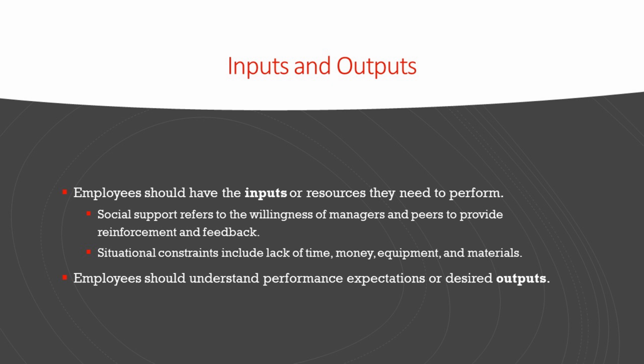These constraints include lacking the necessary tools and equipment, materials and supplies, budgetary support, and time to perform. We should also measure trainees' perceptions of outputs or performance outcomes. What do they think the organization wants them to do? When people are unclear about what is expected of them, their performance may not reach desired levels.